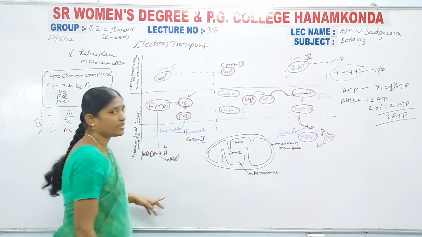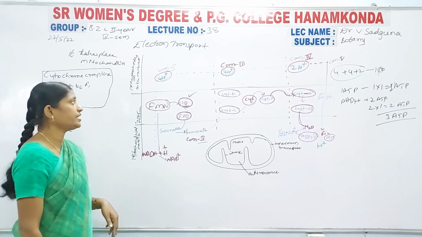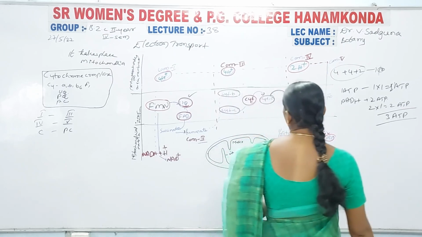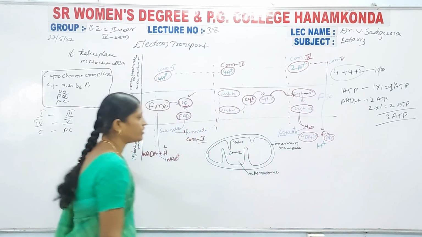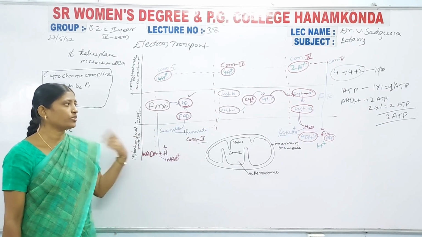So this is the transport of the electron system. The electron transport system uses 5 stages. So finally 3 ATPs are produced.